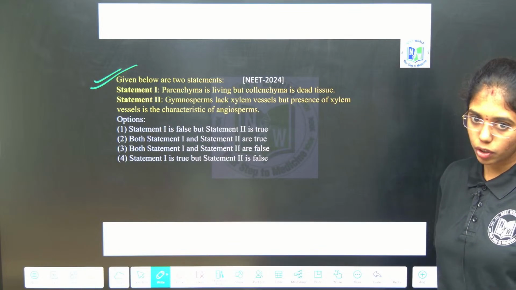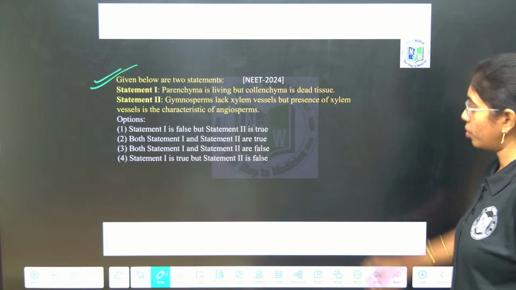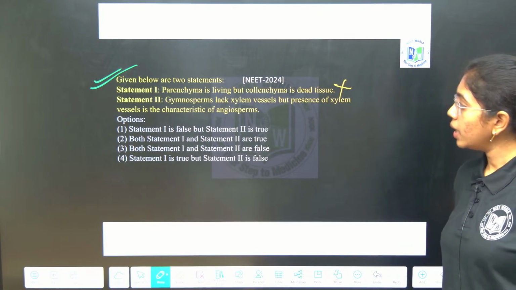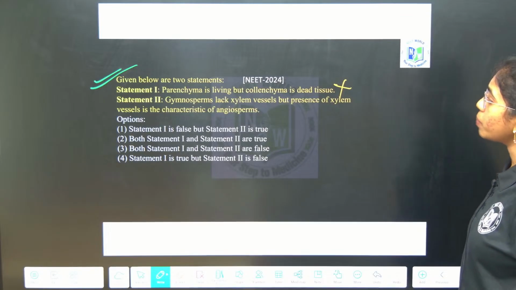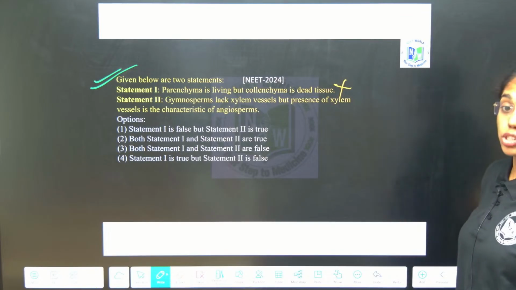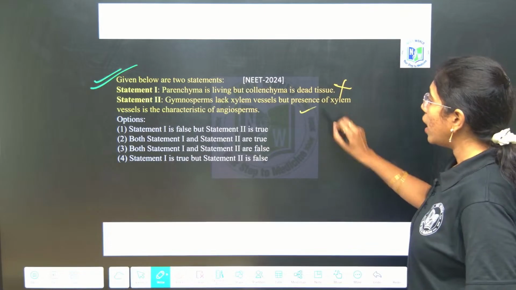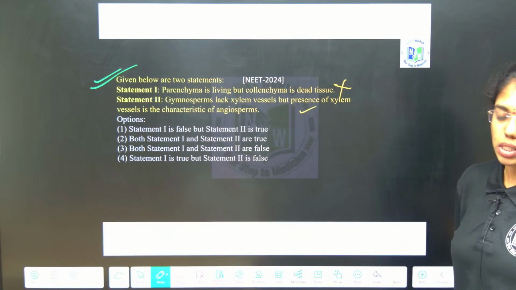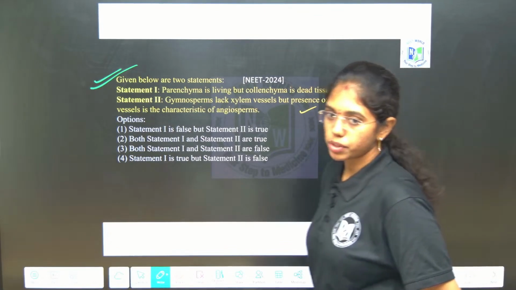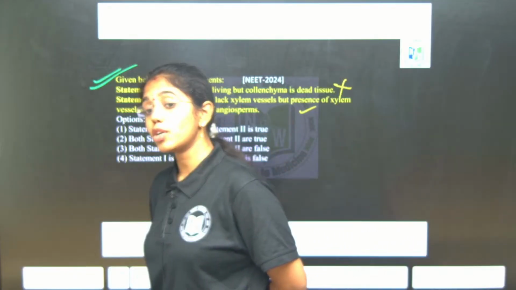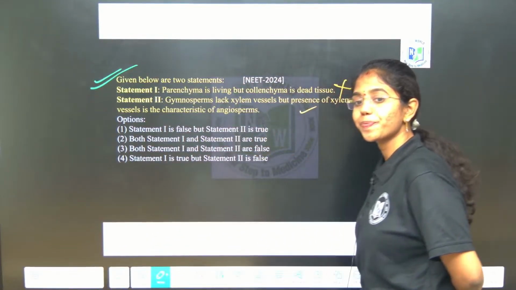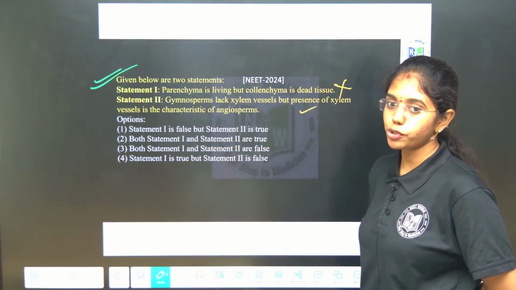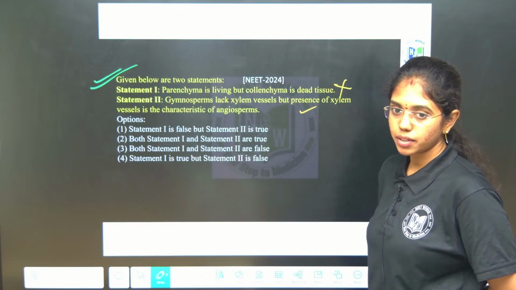No, both are living only. Sclerenchyma is only dead tissue. Wrong. Gymnosperm lacks xylem vessels but presence of xylem vessels is characteristic of angiosperms. True. Vessels are absent in the xylem component of gymnosperms. When phloem is considered, what is absent in gymnosperms? In phloem tissue of gymnosperms, what are absent?